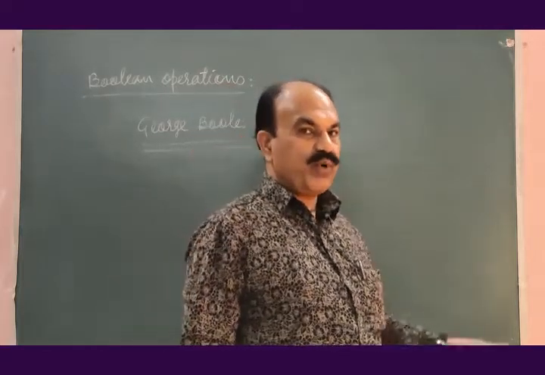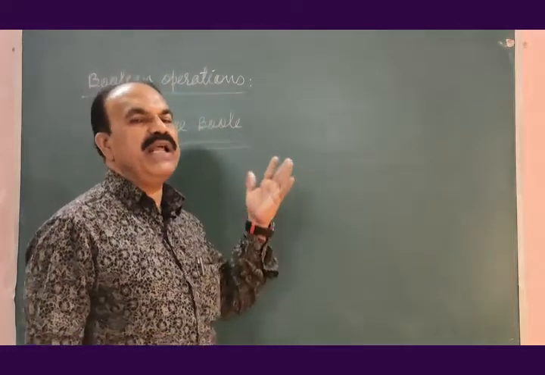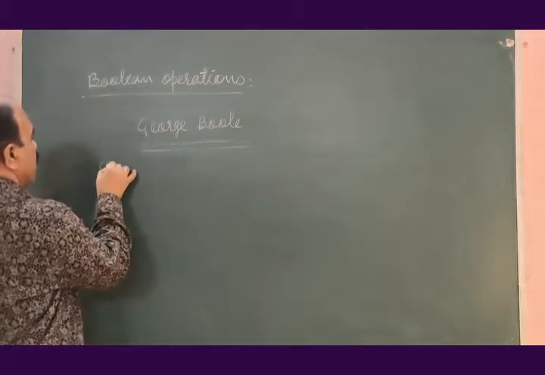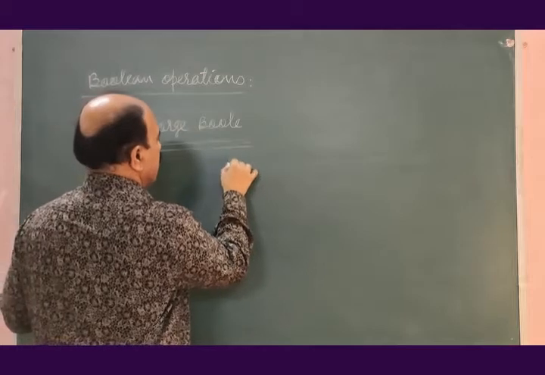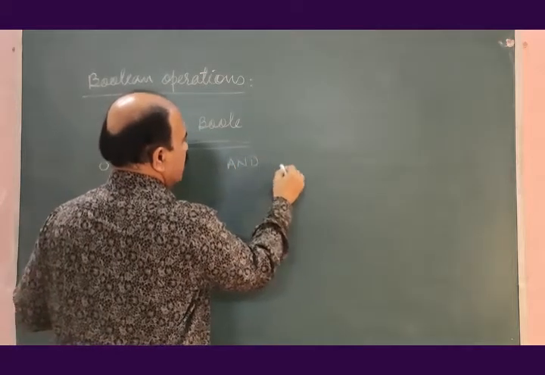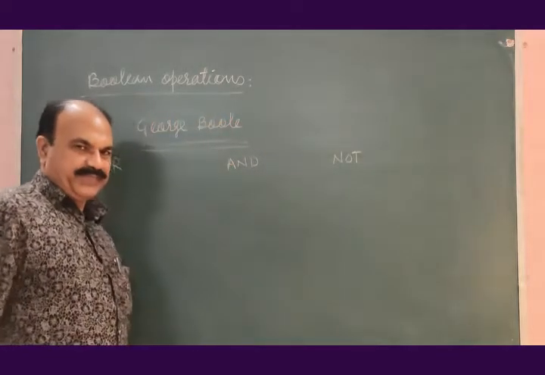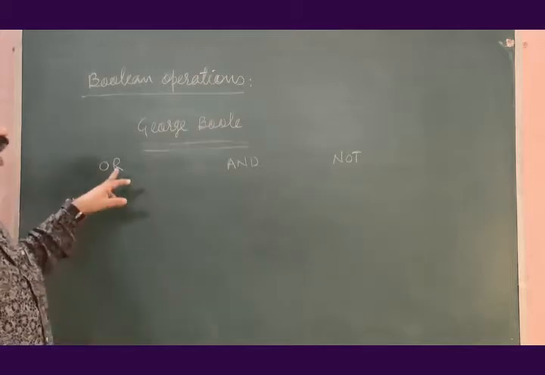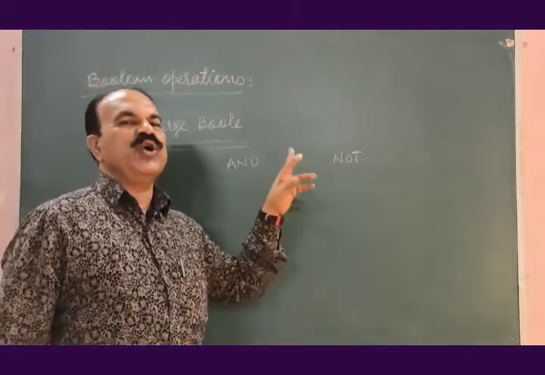Let us talk about the three basic operations in Boolean algebra. These operations are OR operation, AND operation, NOT operation. Basic Boolean operations are OR operation, AND operation, NOT operation.